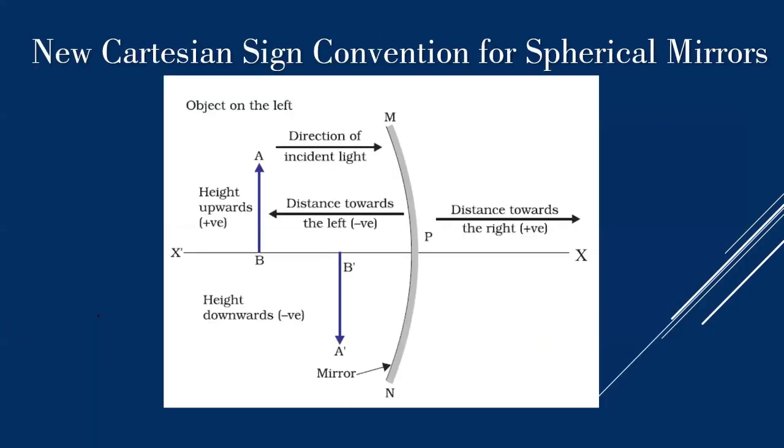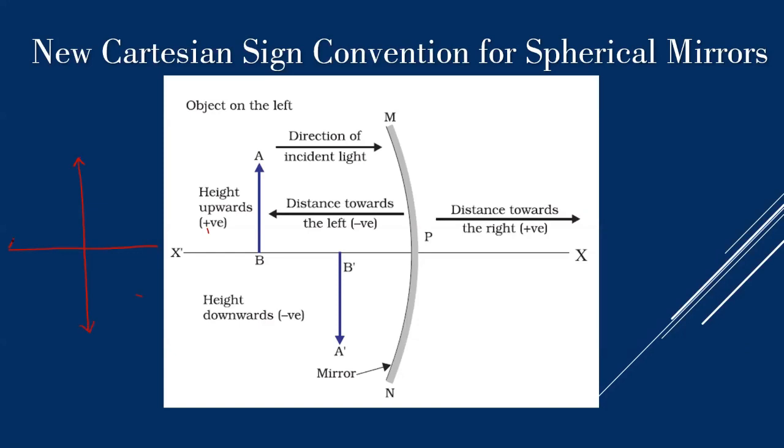Next, we are going to study the sign convention for spherical mirrors. Okay, when will these u, v, h dash, and f for that matter, focal length, be positive or negative? It is called the new Cartesian sign convention for spherical mirrors. In the subject of mathematics, we have already studied the Cartesian coordinate system.